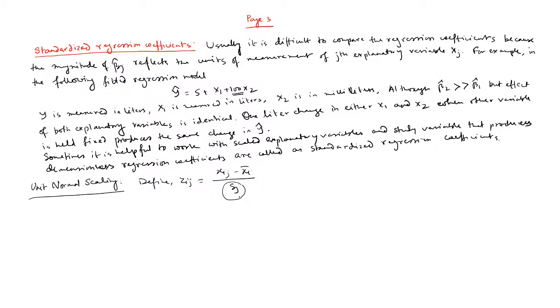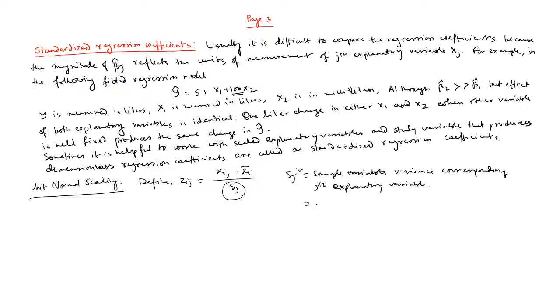Sample variance means we divide by n minus 1 instead of n.